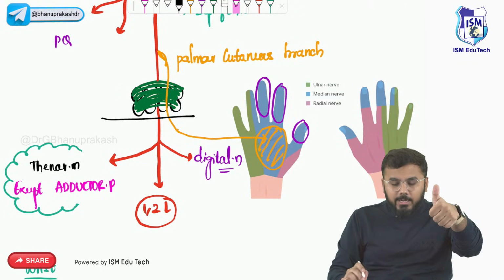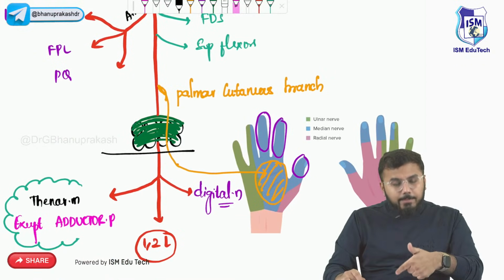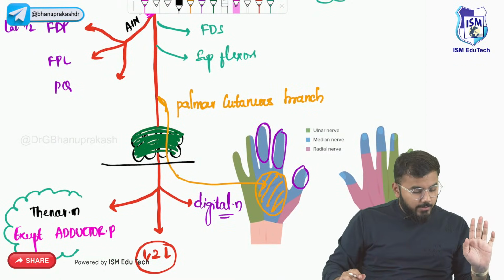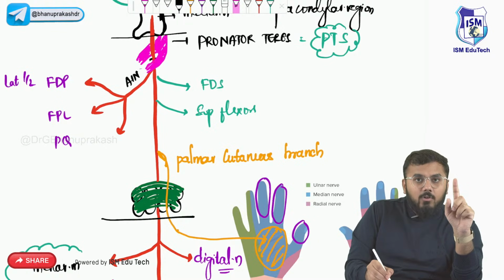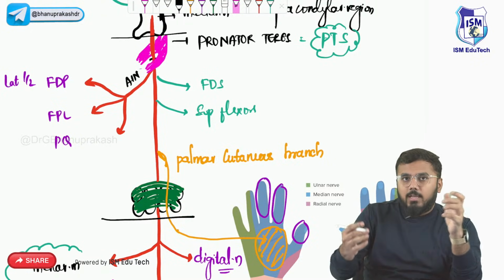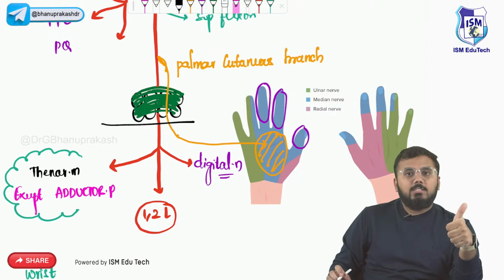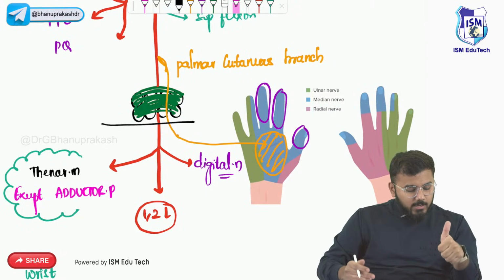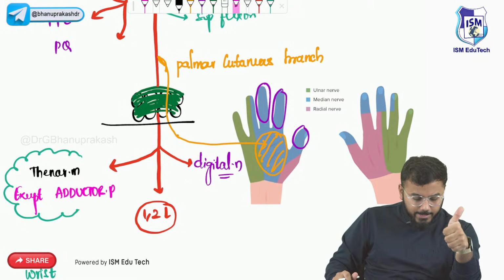Now, important question is that at the level of wrist, if there is a cut, there will be ape thumb deformity. At the level of elbow also, if there is a cut, there will be ape thumb deformity. Yes or no? Did you understand this point? If there is a cut at the level of elbow, the median nerve is not working, thenar is not working, ape thumb deformity. If there is a cut at the wrist, again median is not working, thenar is not working, opponens is not working, again ape thumb deformity.